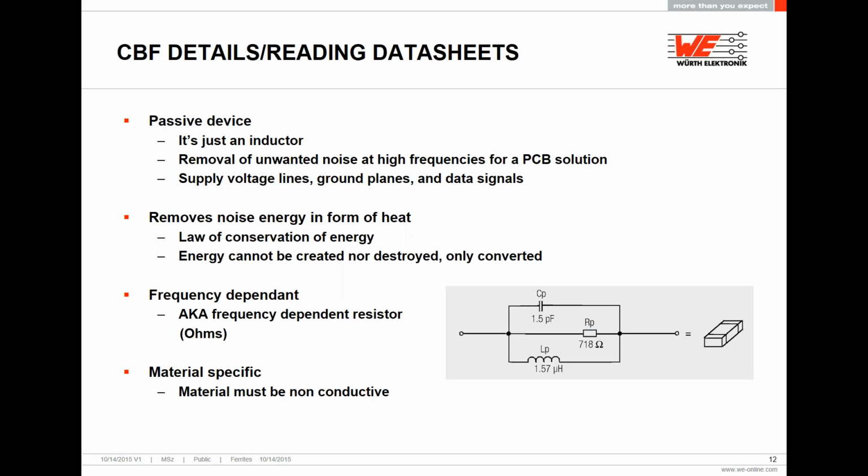What you end up with is a frequency-dependent resistor. The picture on the right shows you the parasitics of a chip bead ferrite. Here we need to always be cautious of this because a chip bead ferrite has inductance, it has capacitance, and it also has resistance. We will discuss this in more detail later in the presentation.